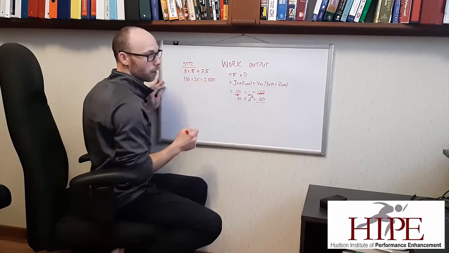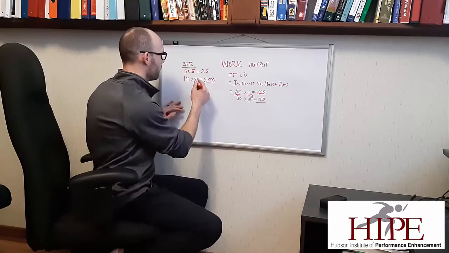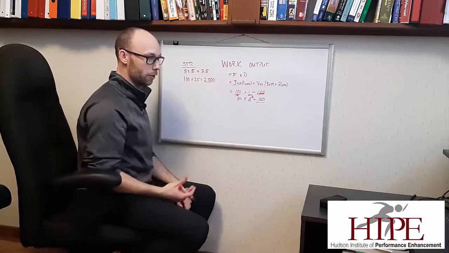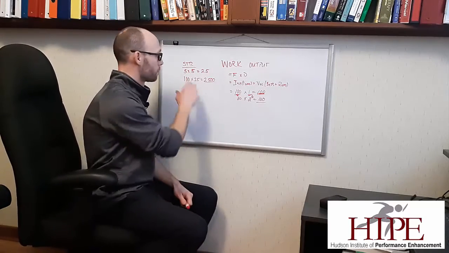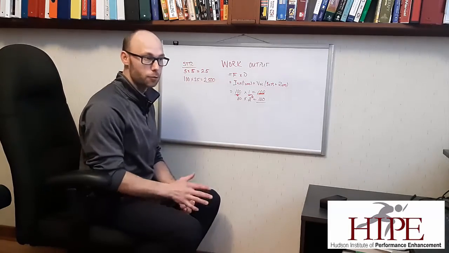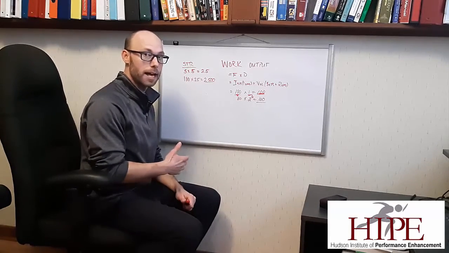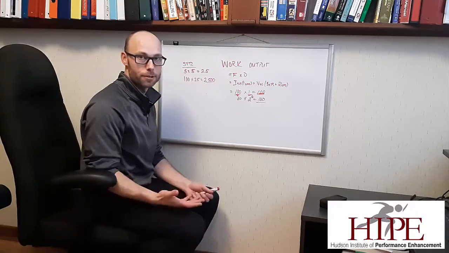Our total work output is going to be 2,500. If I want to make sure that they increase on the next day, so yes, they can just increase the amount of weight and perform the same number of reps, that's great if they can do that. If they don't do that and they end up doing the exact same, then our work output is the same and there's no change.